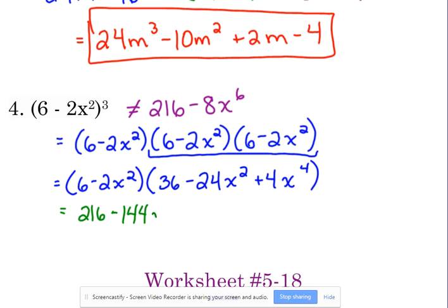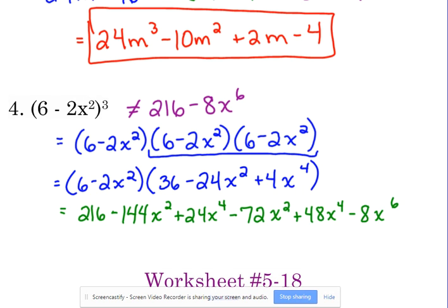Thank you. 144x squared. 6 times 4 is 24, x to the 4th. Then distribute the negative 2x squared to everything. So negative 2x squared times 36 is negative 72x squared plus 48x to the 4th minus 8x to the 6th.